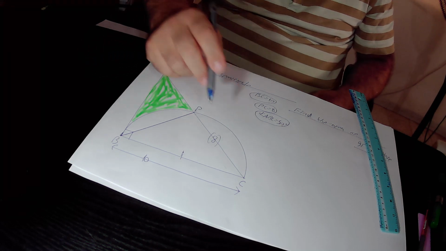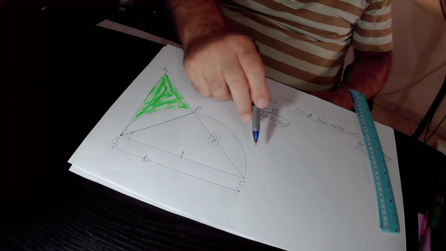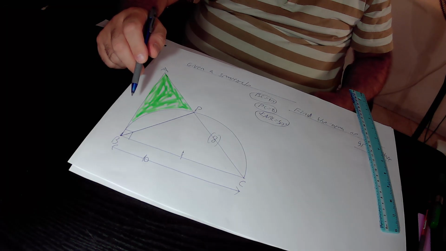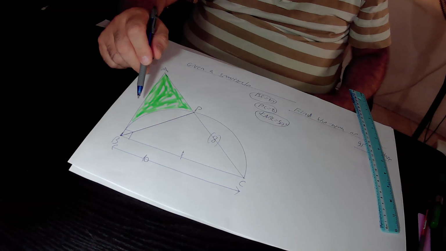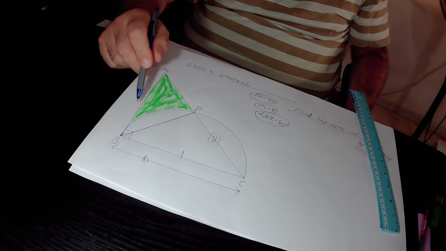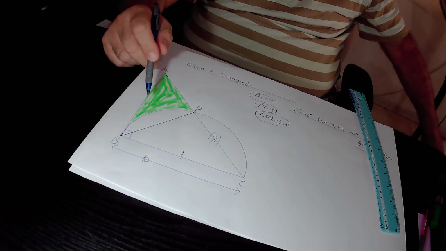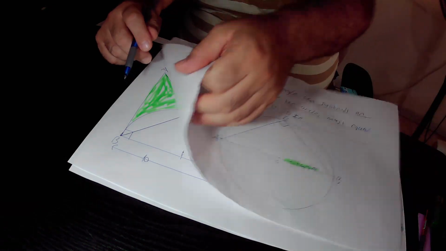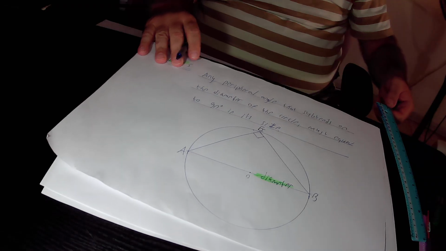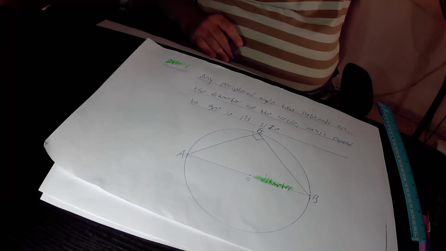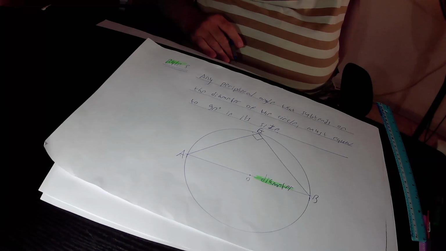Peripheral angle BPC subtends on BC, that is the diameter of this semicircle, and according to rule 5, any peripheral angle that subtends on the diameter of the circle or semicircle must be equal to 90 degrees in its size.